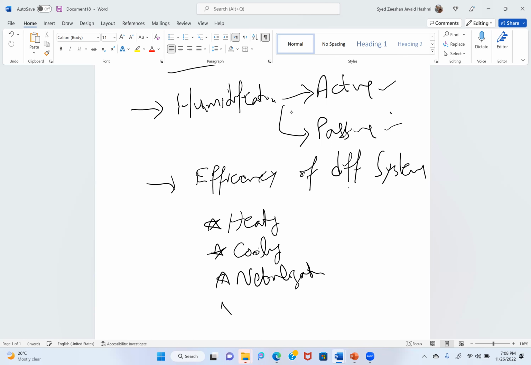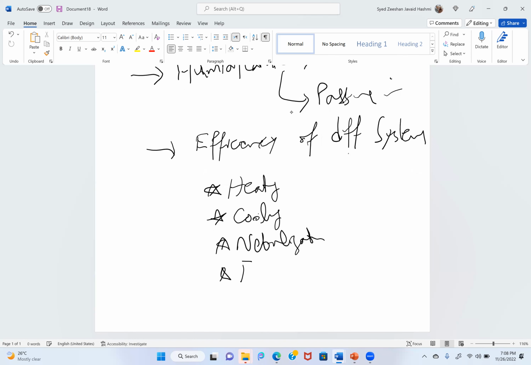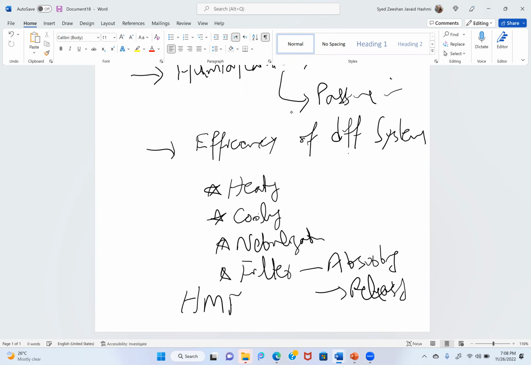Or there will be some filter which absorbs and then releases, which is actually the most common one we use, in HME filters. So usually it will be either a heating system, a cooling system, a nebulized system, or the presence of a filter. So this is the overall concept.